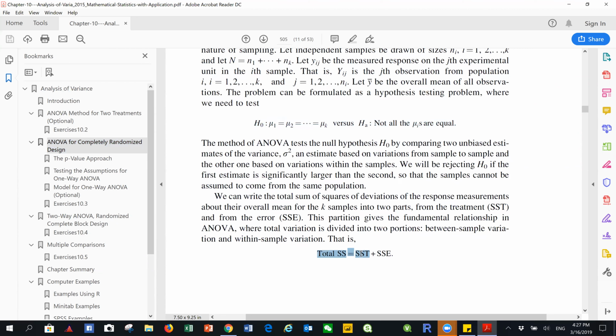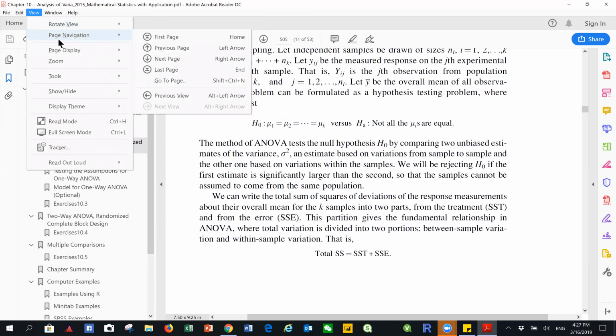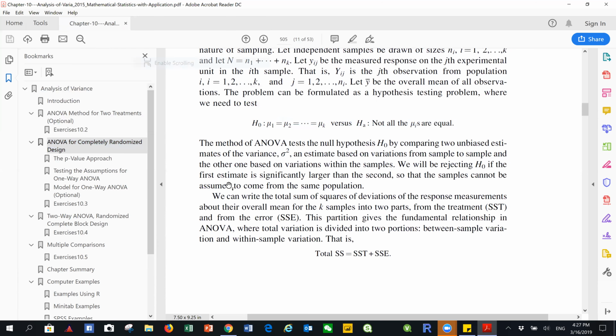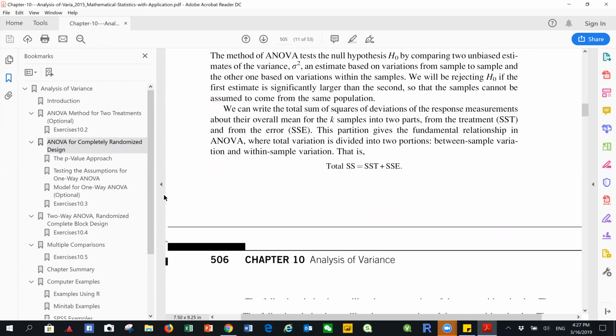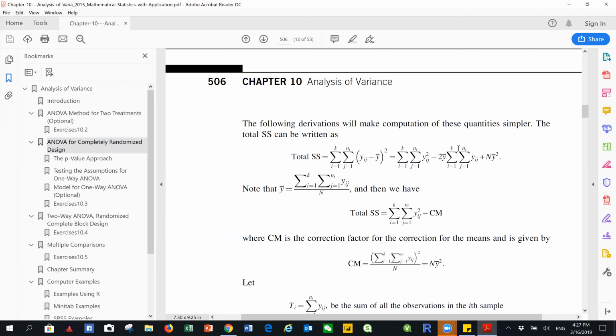Okay, so here we see sum of squares. The sum of squares is divided into SST and SSE, excuse me, SSC and SSE.